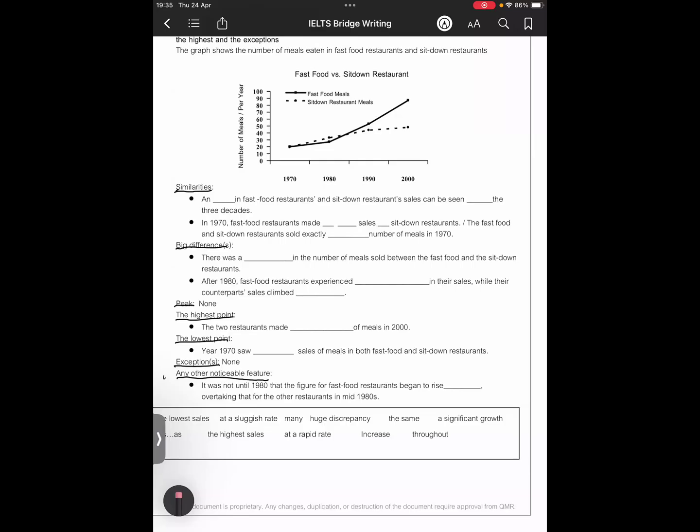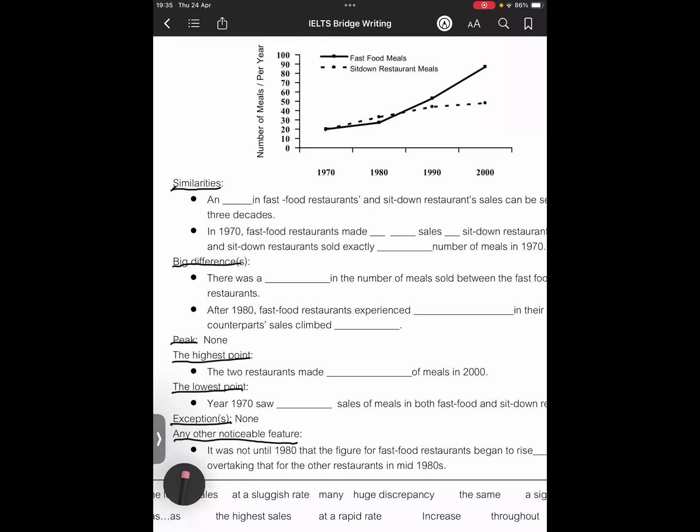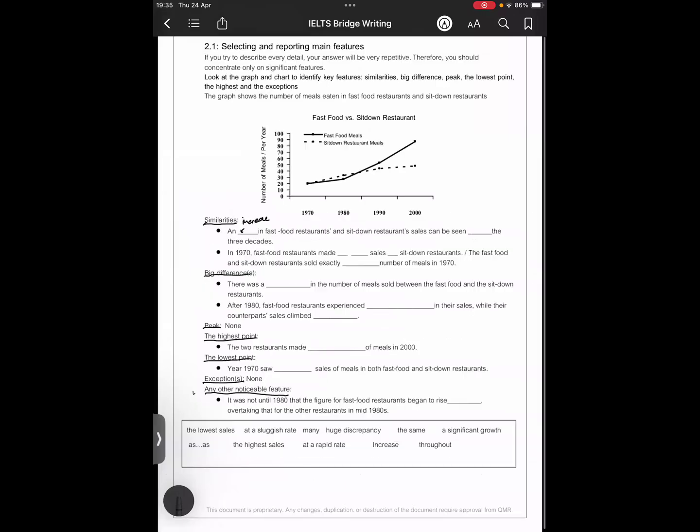I think what this sentence is trying to tell us is focusing on the changing figures of both types of restaurant during the 3 decades. So the first gap should be filled with increase, right? So, an increase in fast food restaurant and sit-down restaurant sales can be seen. And the second gap can be filled with a preposition for time period, like throughout.